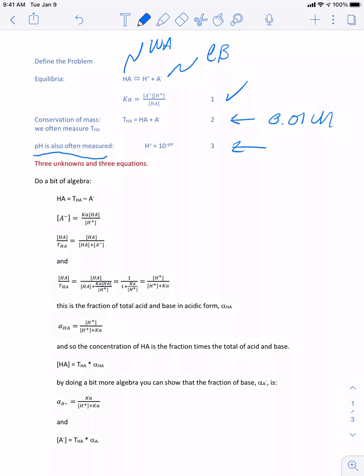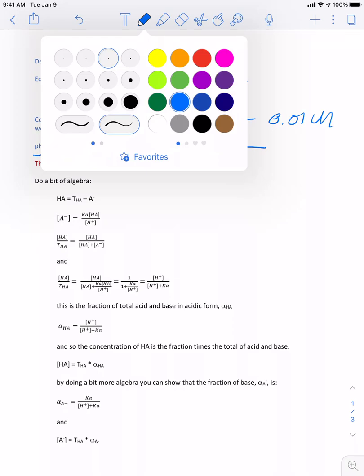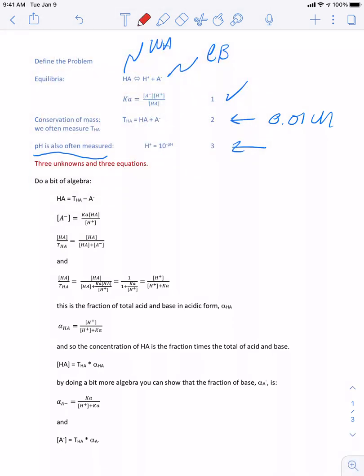So if you look, and we'll switch to red here, I have still three unknowns, HA, H plus, and A minus. I have three equations, 1, 2, and 3, and the pH will be measured, and the total THA, total weak acid and base, the sum of those two is given, again, 0.01 molar.